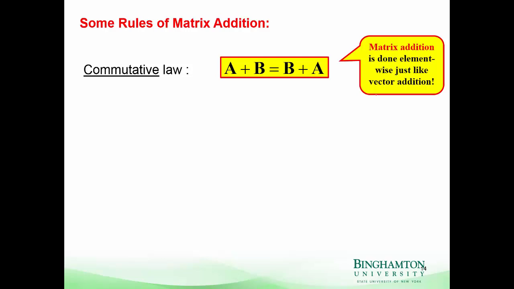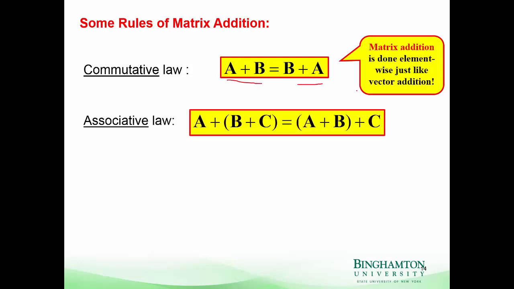So now we need to talk about some rules of matrix addition and how it interacts with matrix multiplication. When we add two matrices together, we just add element by element, just like we did for vector addition. And it's pretty easy to verify, since we're just doing element by element addition, that it doesn't matter what order we write things down. It'll work just fine. And the associative law works just fine.